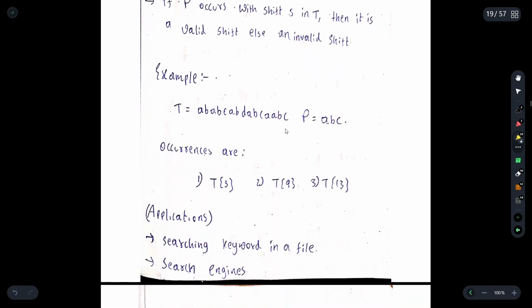For example, T contains A, B, A, B, C, A, B, D, A, B. If we are searching for A, B, C in this text, the occurrences are at T of 3, counting 0, 1, 2, 3, where A, B, C occurs. Then at T of 9, counting 1 through 9, it occurs again, A, B, C. In this way the occurrences happen in this text array.